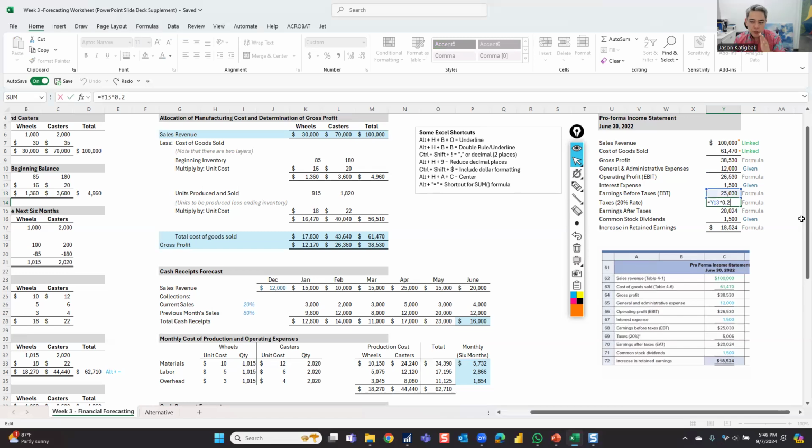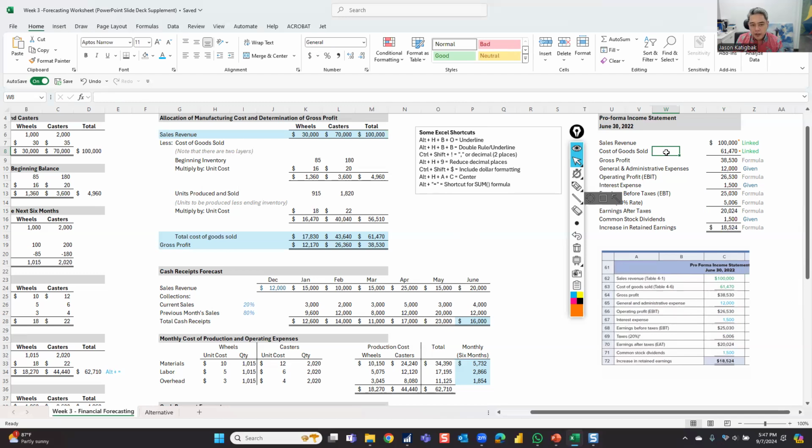So when I press F2, it's actually cell Y13, which is your EBT multiplied by 20%. And then I will do earnings after tax, EBT minus taxes. Then the dividends are given, this will be your increase in common stock. So basically, we're done with your forecasted income statement because you needed to create a lot of the information with regard to the income statement itself.